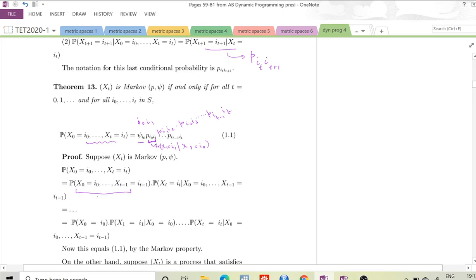So this will be probability x_0 equals i_0 and all the way through x_{t-2} is equal to i_{t-2}, times probability x_{t-1} equals i_{t-1}, given this history. Right?